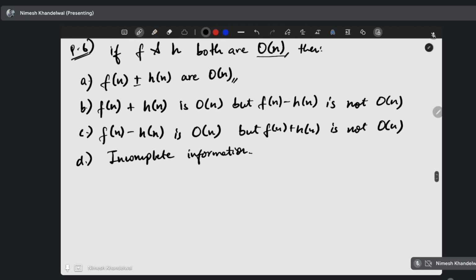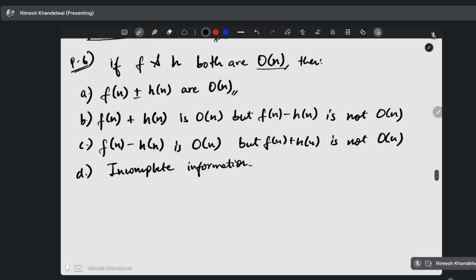Let's look at it like this. Let us assume that f of n is 3n plus 2 and h of n is n plus 4.